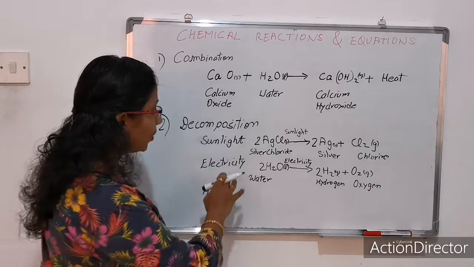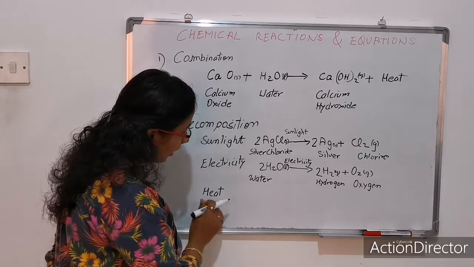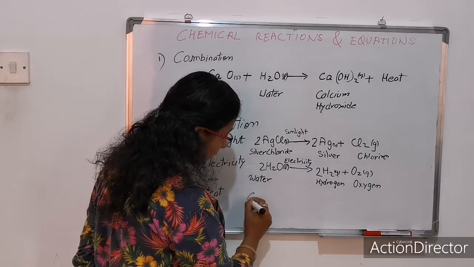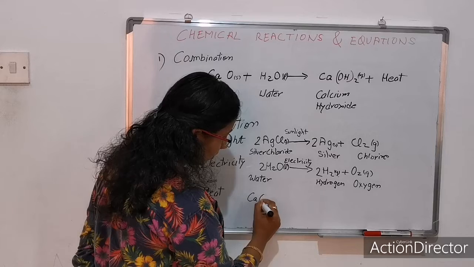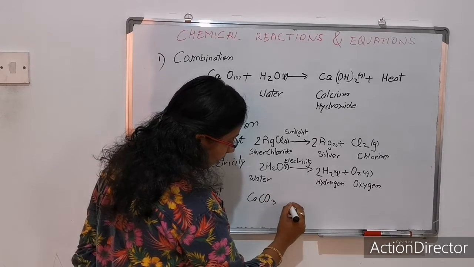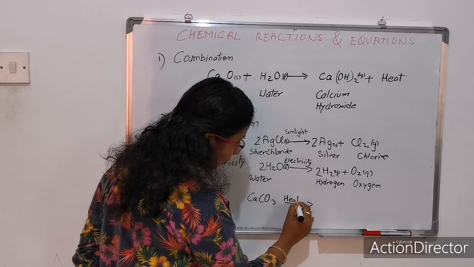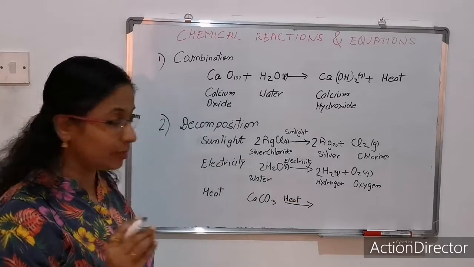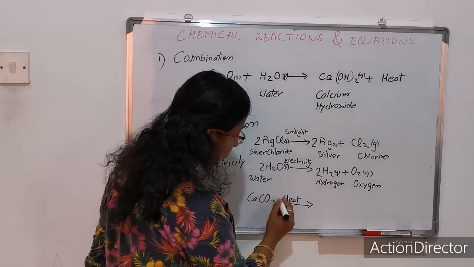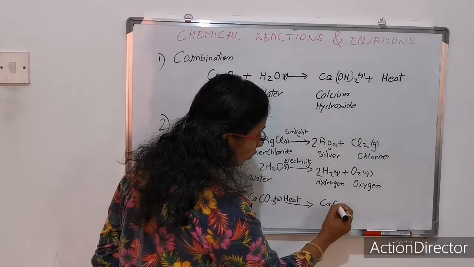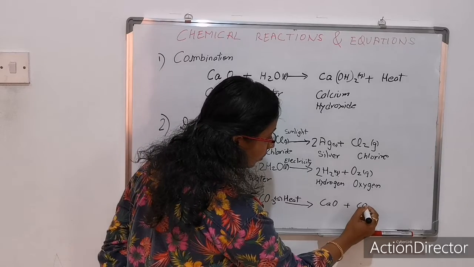So for electricity you can learn this, and for heat, which is also from the next chapter, it is CaCO3 decomposing by heat. When external heat energy is provided to CaCO3, you get CaO plus CO2.